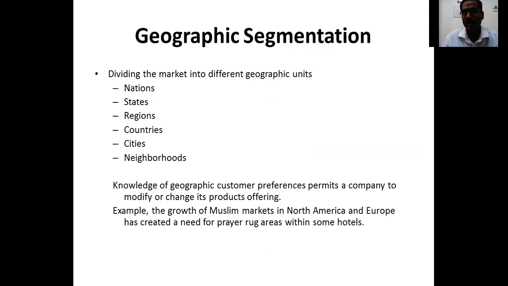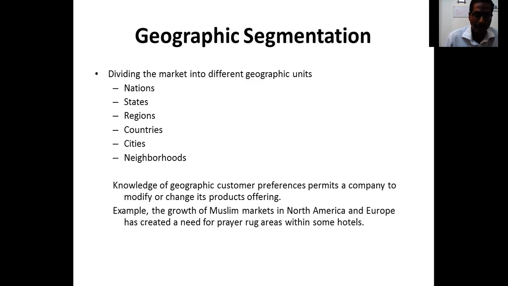Geographic segmentation is dividing the market into different geographic units, like nations, states, regions, countries, cities, and neighborhoods. Knowledge of geographic customer preferences permits a company to modify or change its product offering.